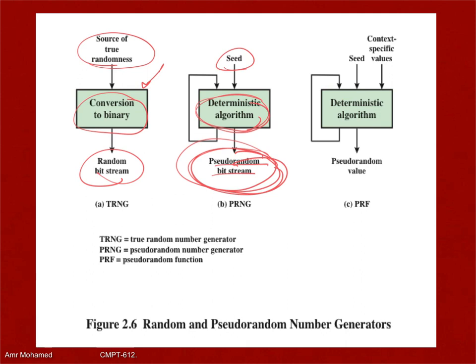So if you start with the same seed and apply the same deterministic algorithm on two nodes at the same time, they will generate the same bytes. Both of them use the same seed and the same algorithm, so they will generate the same sequence of bytes.